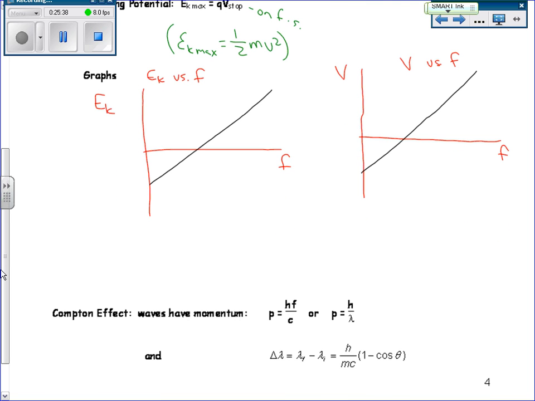So in both cases, the slope equals h. The y-intercept equals the work function. And the x-intercept equals the threshold frequency.